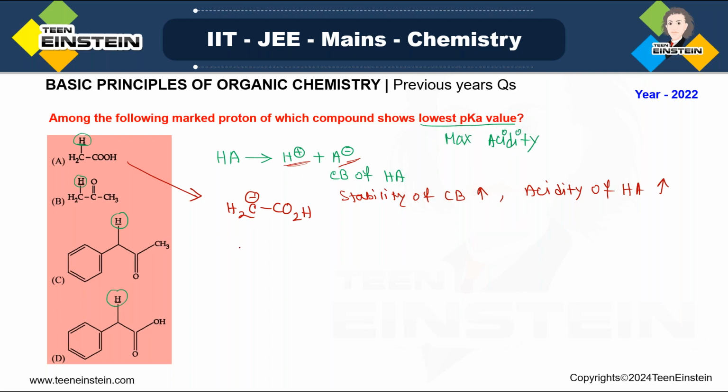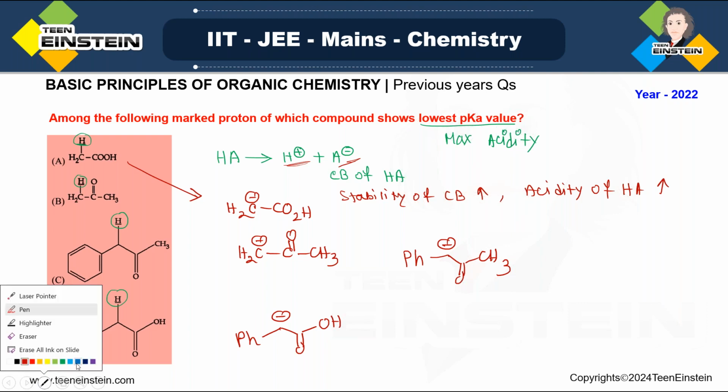From molecule B, we are getting COCH3, right? Now, for option C, here we are getting negative charge, COCH3, and from the last one, we are getting negative charge, COOH.